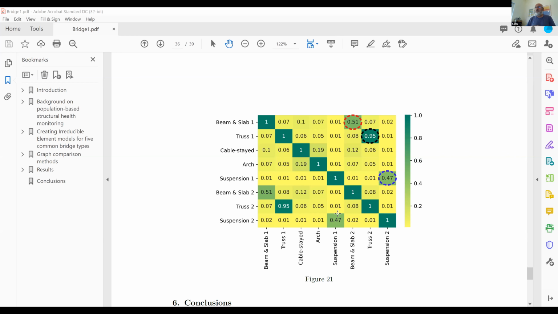It's built on the basis of a really abstract framework, but these are real bridges, right? I can probably show some pictures of the bridges if people want, but there's 2 beam and slab bridges, 2 truss bridges, 2 suspension bridges, a cable stayed bridge, and an arch bridge, okay?